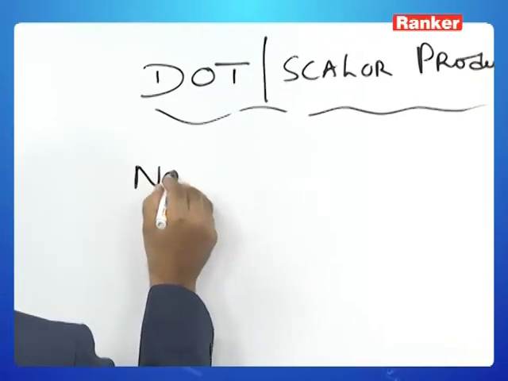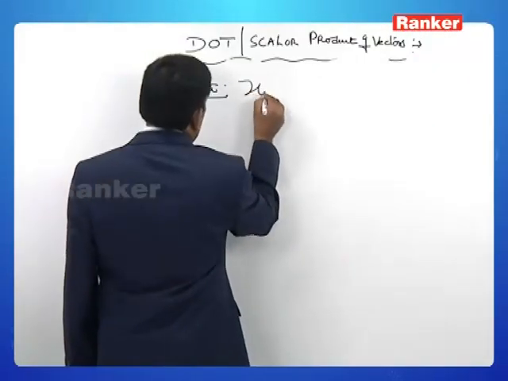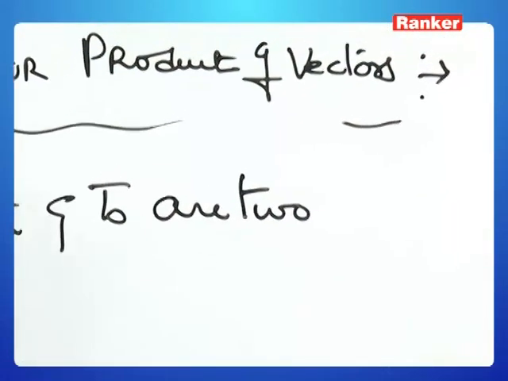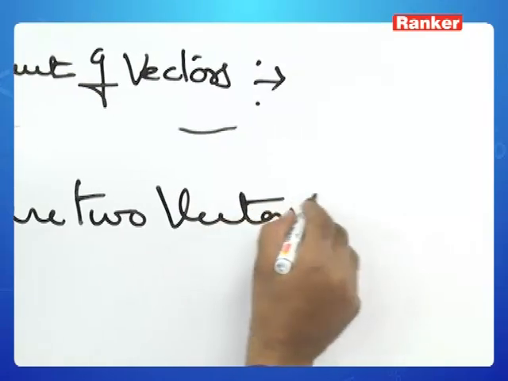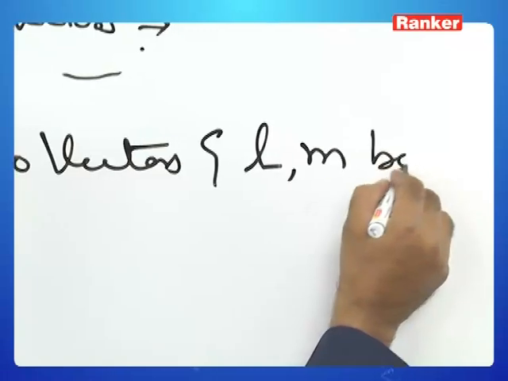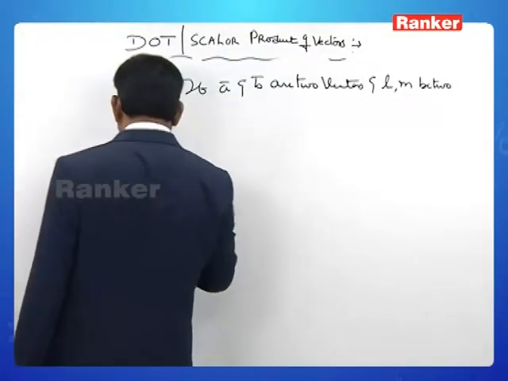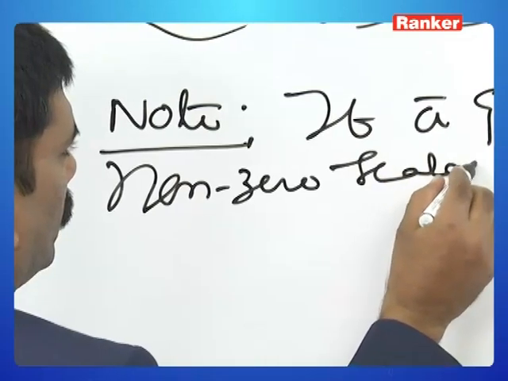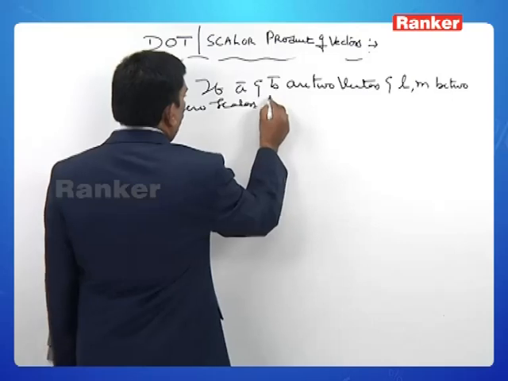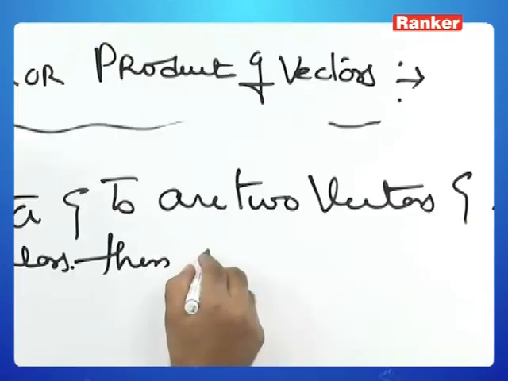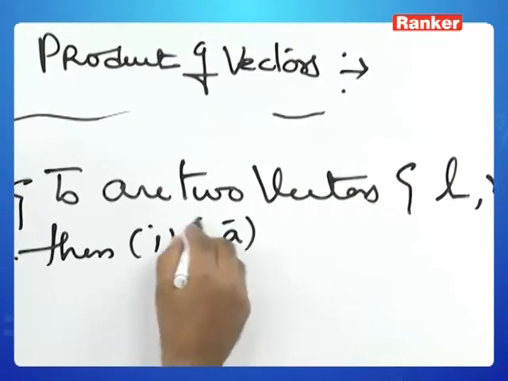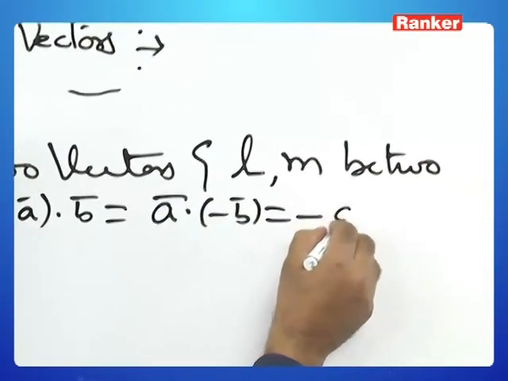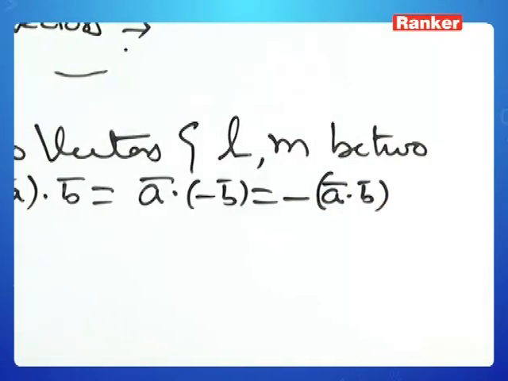Note, if A bar and B bar are two vectors and l, m are two non-zero scalars, then the very first one is minus A bar dot B bar is equal to A bar dot minus B bar is equal to minus A bar dot B bar.